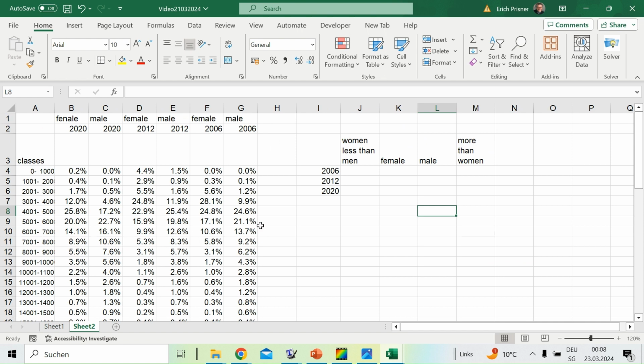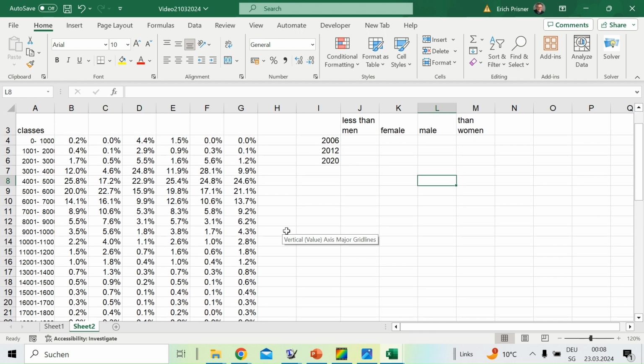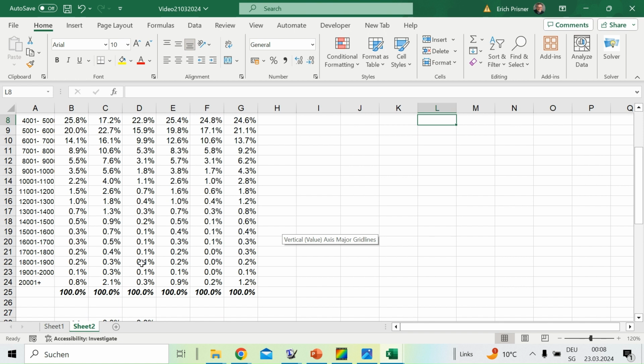And it's now pretty simple. On this sheet here, I prepared data. Again, this is not the data given by the government. I changed it a little, so we have to be careful in such a way that these numbers add up to 100%. Usually they don't because of rounding errors, and this makes life a little more difficult.